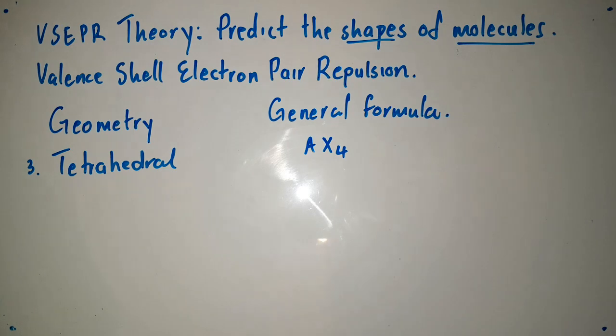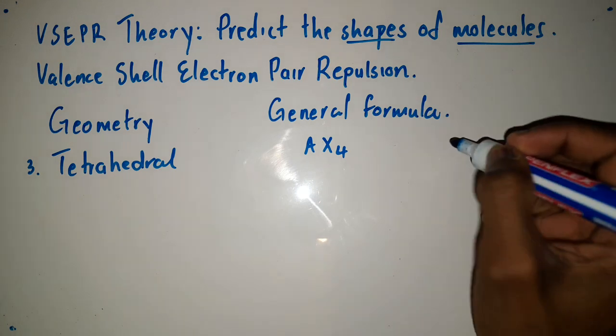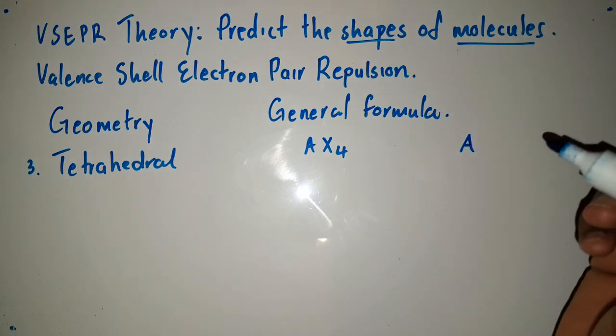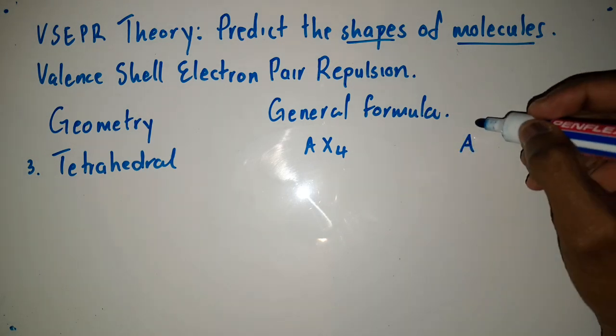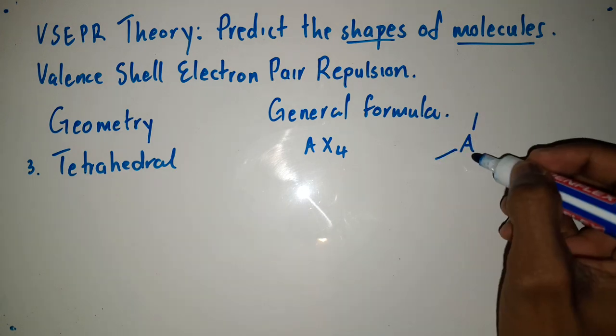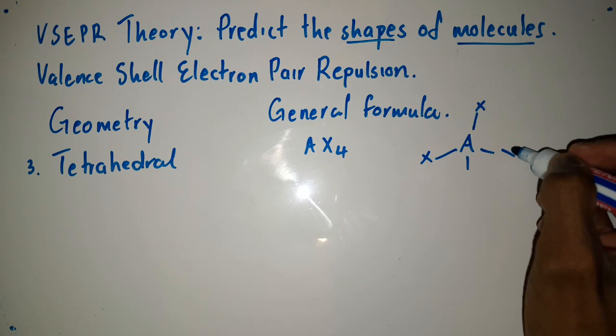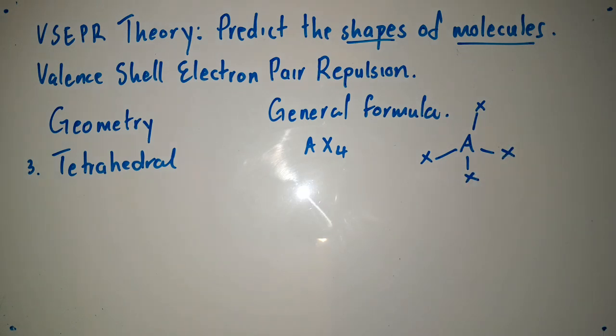Don't forget that A is a central atom, where X is a terminal atom. You see? Then now, if I were to draw a structural formula, I'd have something like this. Do you understand?